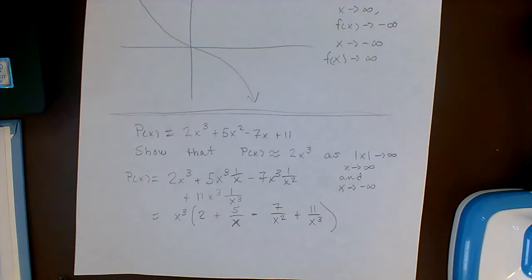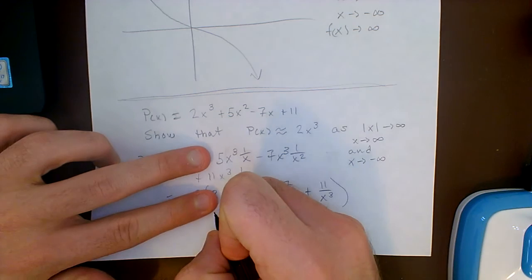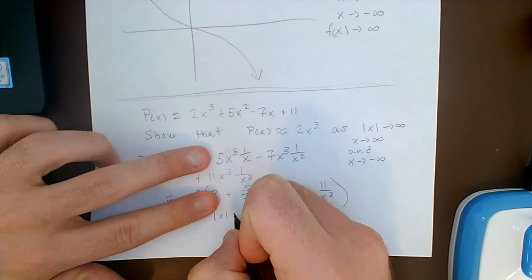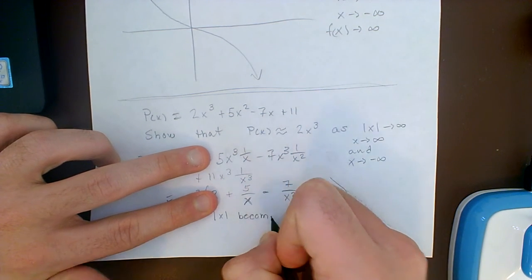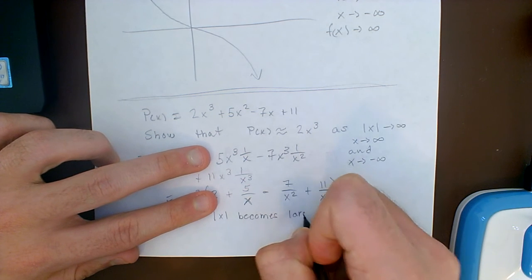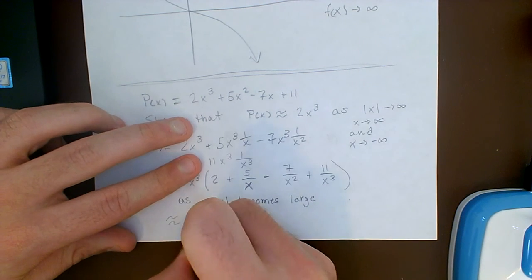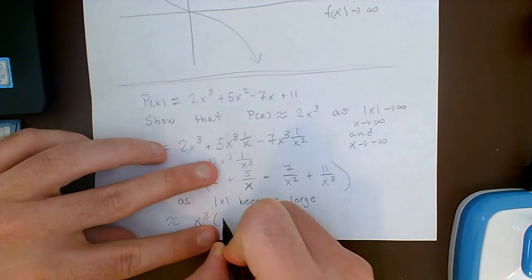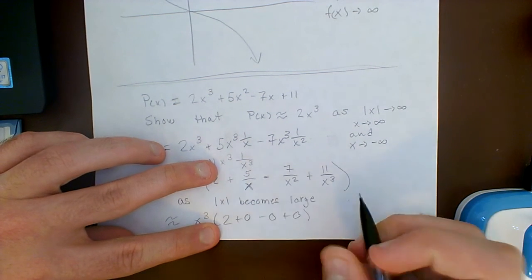Okay, so we can say as absolute x becomes large, this starts to look more and more like x cubed times 2 plus 0 minus 0 plus 0.